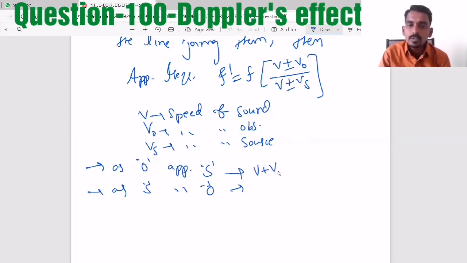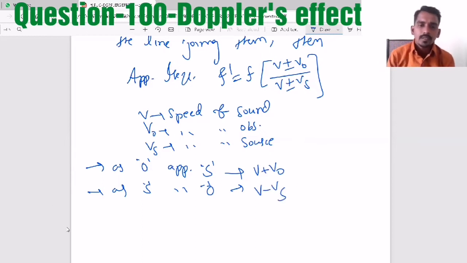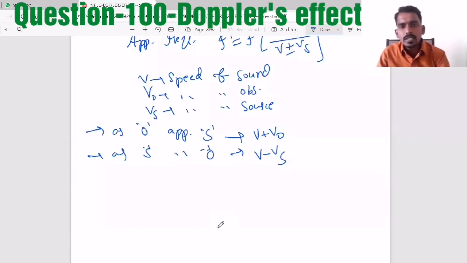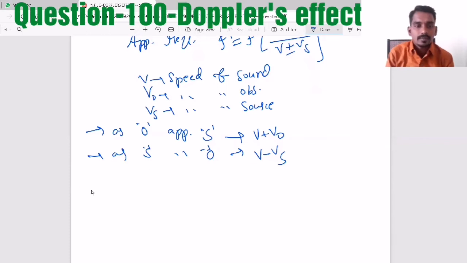That means the numerator becomes plus, the denominator becomes minus. And in the opposite case, when the observer is moving away, V minus V naught will come. When the source is moving away from the observer, then V plus Vs will come, because as they move away the frequency should decrease, so the denominator should be plus and the numerator minus.